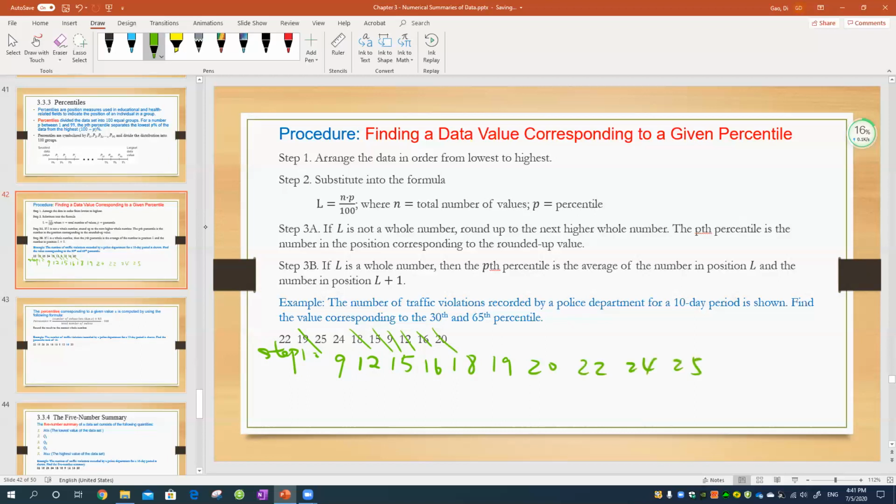So all 10 values sorted. So first step done.